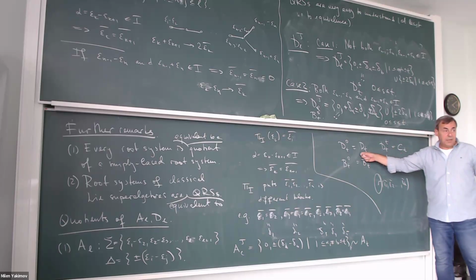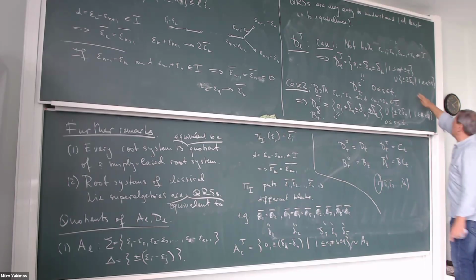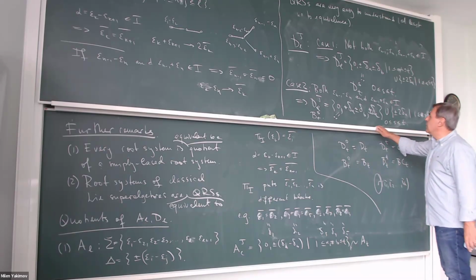But for type D, I have to go through this whole hierarchy of how many roots of the form 2 delta A appear. I can have none for D, or I can have all of them for BC, and in between everything else. And there is a plus minus there of the first BTS roots.